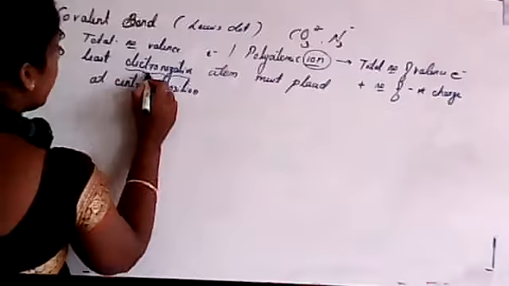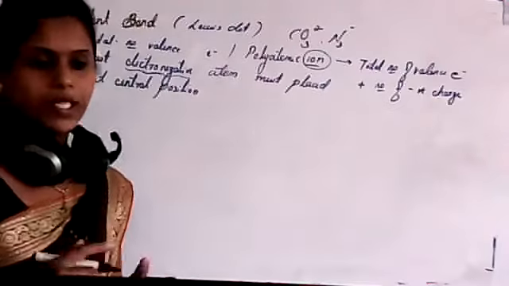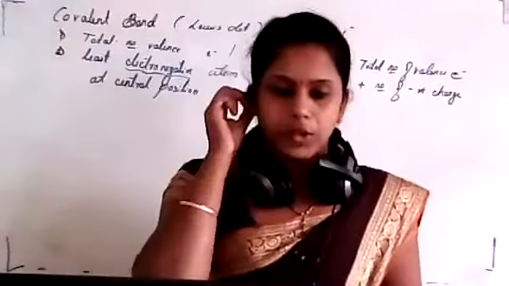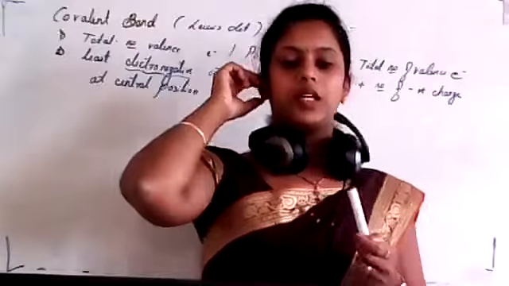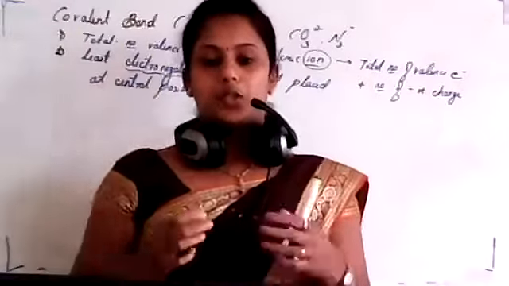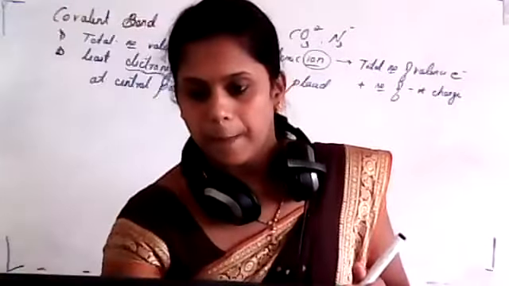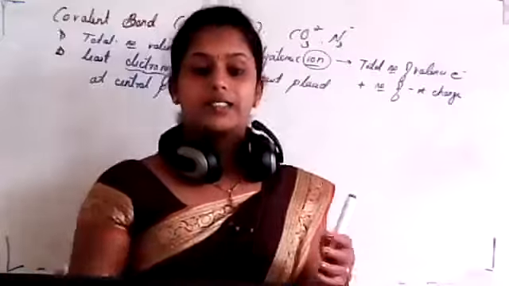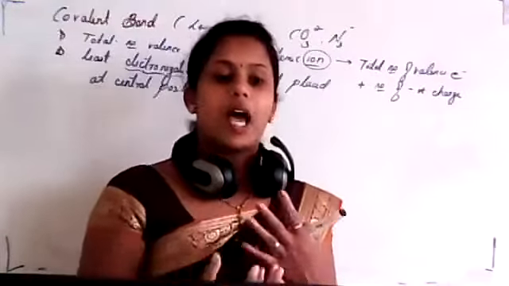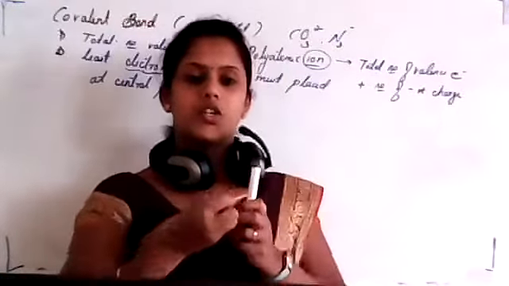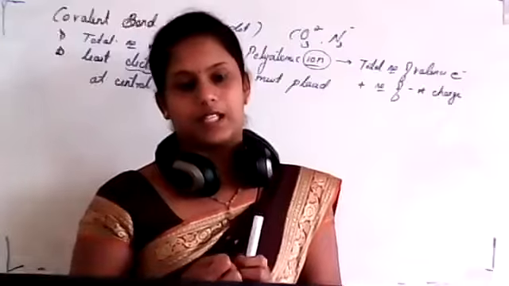What do you mean by electronegativity, student? You tell me. Yeah, it is the tendency of an atom or ion to attract a shared pair of electrons towards itself. Clear?